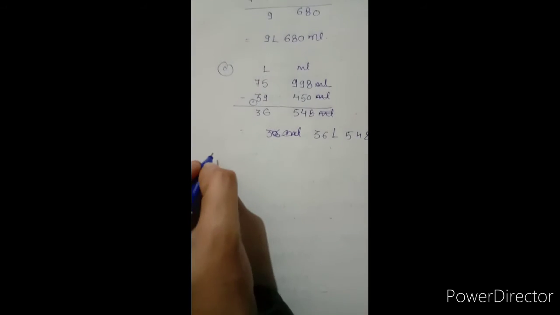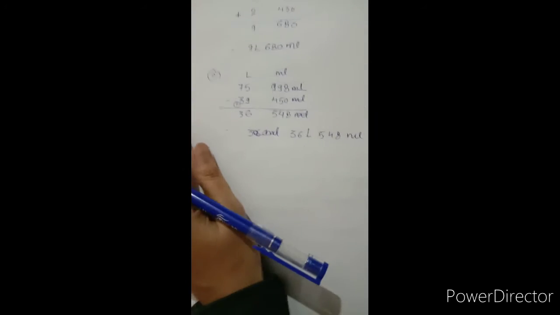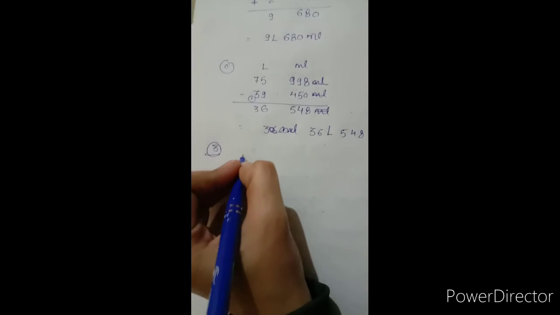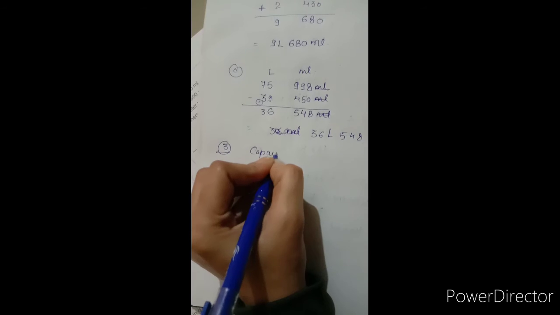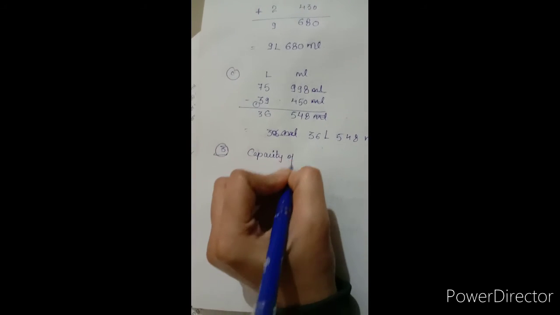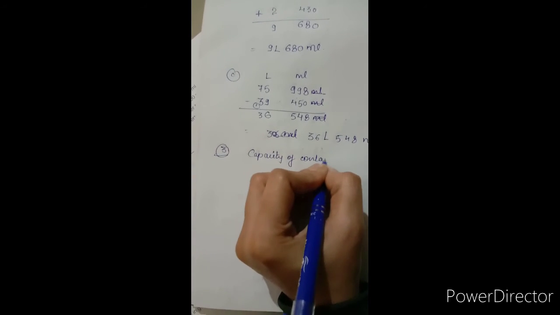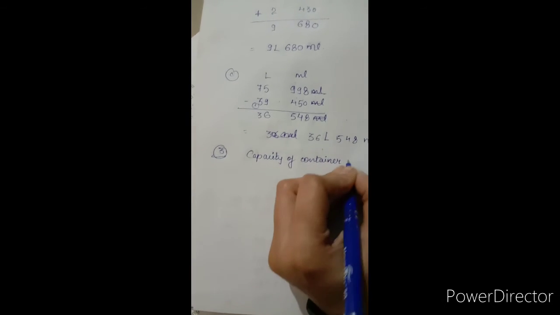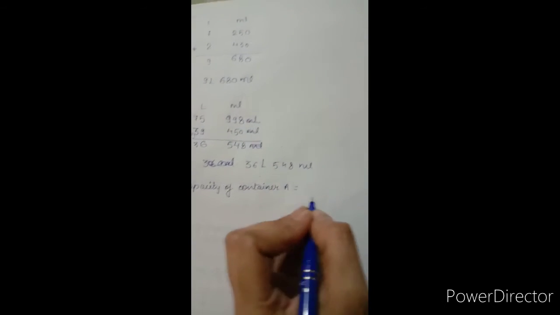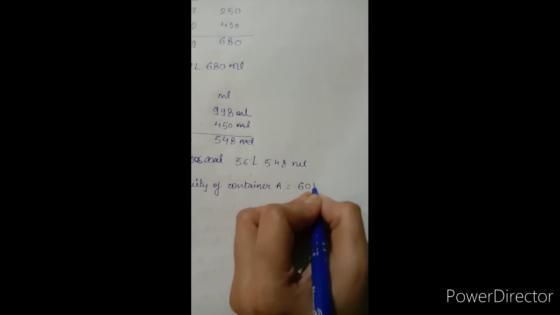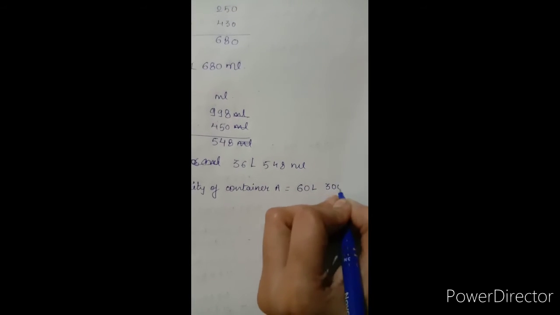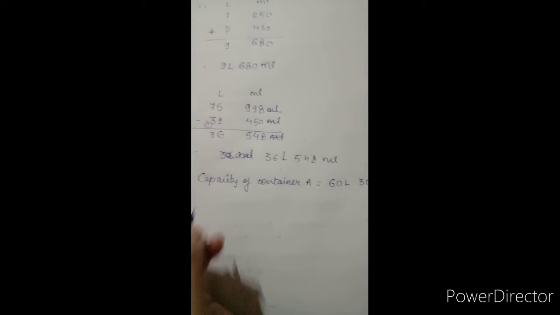Question number 3. First of all, the capacity of container A is equal to 60 liter 300 milliliter.